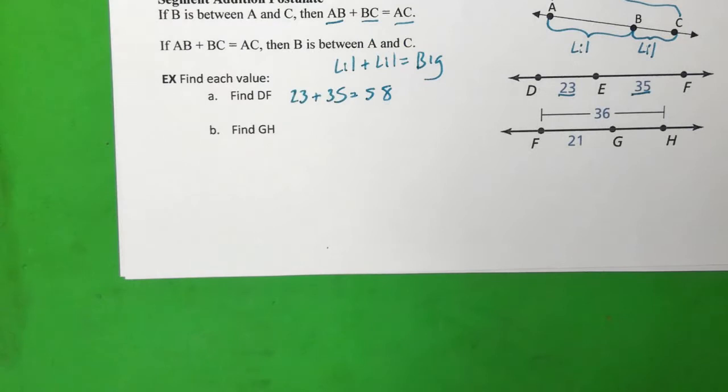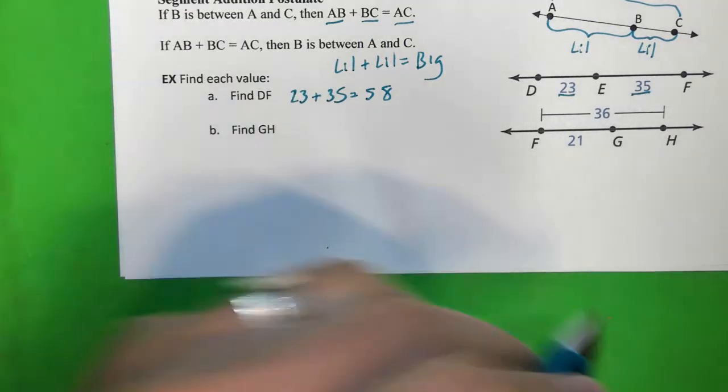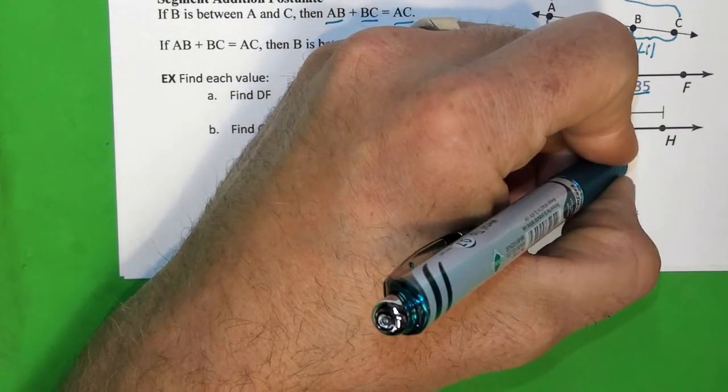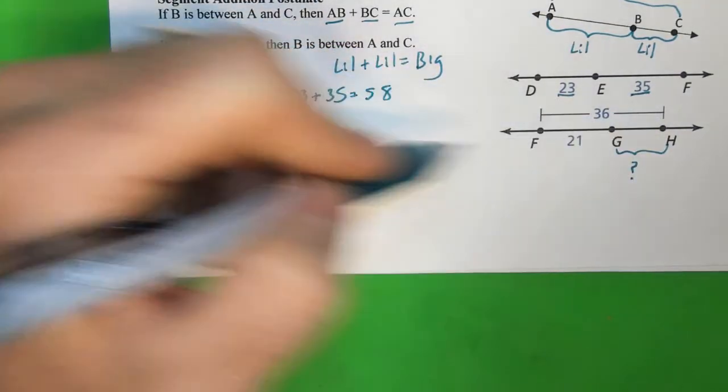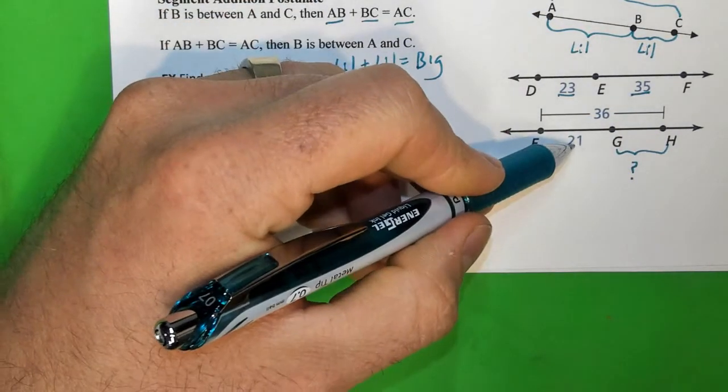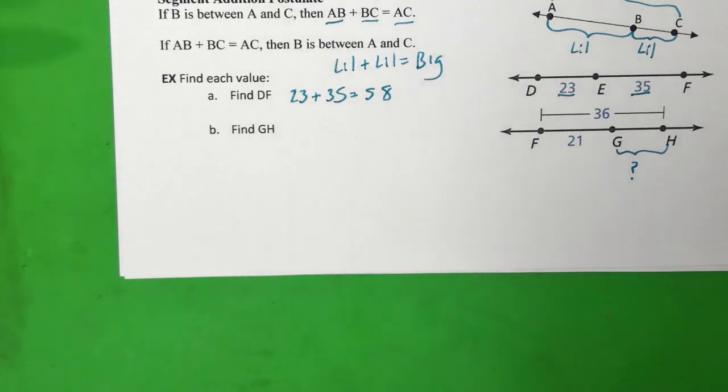Now GH is a little trickier. For GH, what you'll notice is that GH actually is one of the little distances. I already know what the full distance is. It's actually 36. My other little distance is a 21. So here's what I'm going to do. I'm going to set this up. You might have a shortcut that you're already thinking about, and if you do, that's great. Go with your gut. But if not, you can follow my technique, and it'll work out very nice.